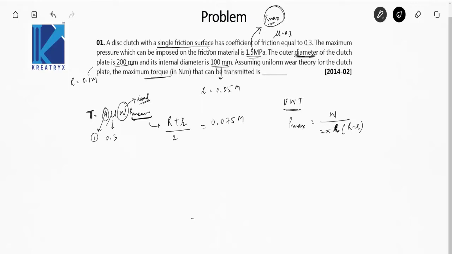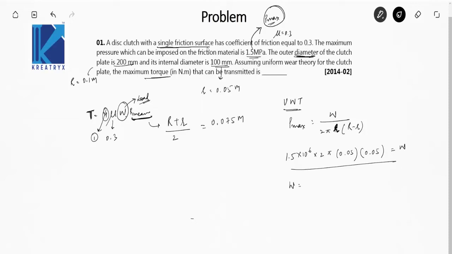Maximum pressure is 1.5 megapascal, that is 1.5 into 10 raised to power 6 pascal, into 2 pi into small r, 0.05 meter, and the difference is again 0.05 meter, is equal to load W. So solve it.